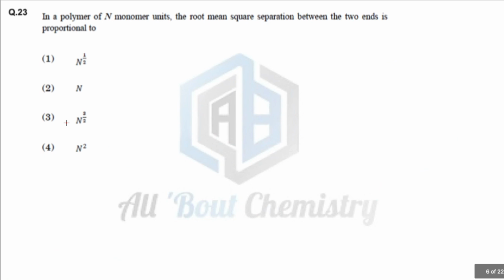The next question is based upon the polymer. It says that for a polymer of n monomeric units, the root mean square separation between the two ends is proportional to what. So you are given the number of monomeric units, given by capital N, and the root mean square separation between the two ends is being asked.